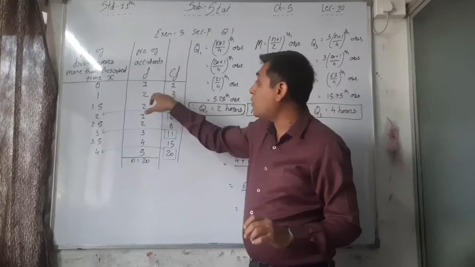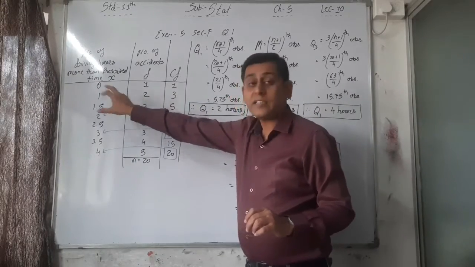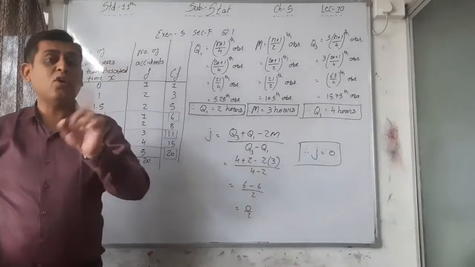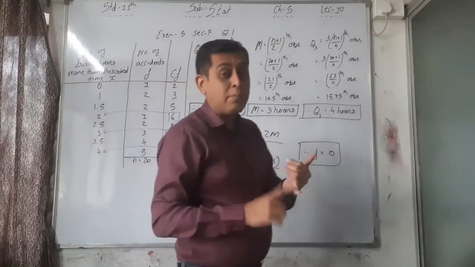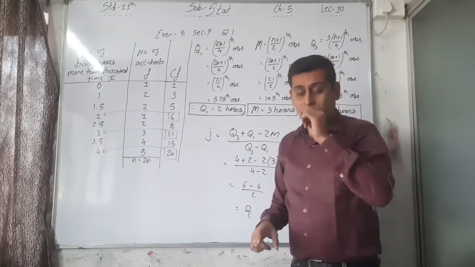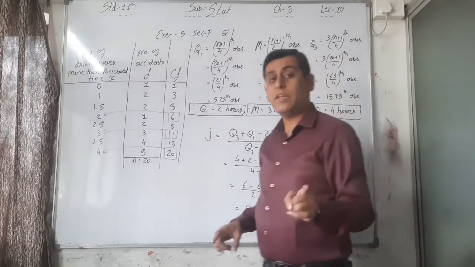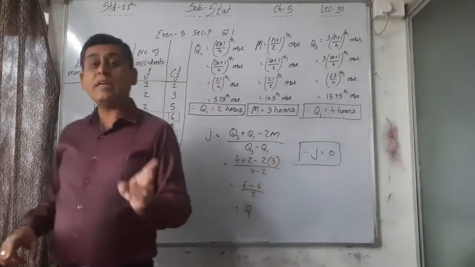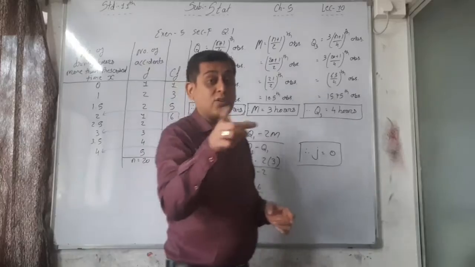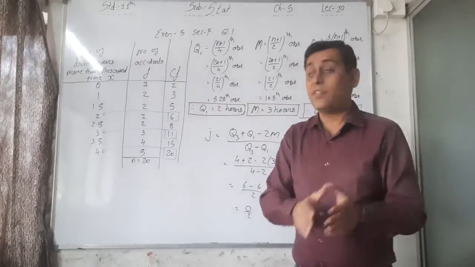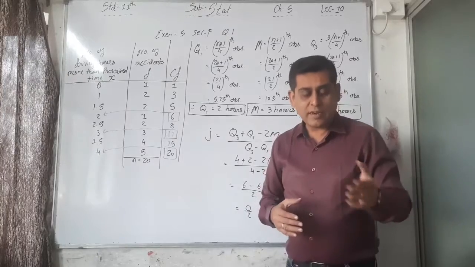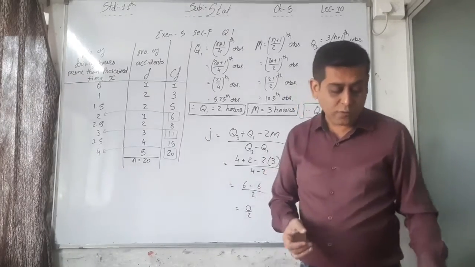Here the mid value as well as frequency is given, but the class is not, and on the basis of only the mid value we cannot find x bar, median or standard deviation. So if you want to find the median, mean and standard deviation, you have to first find the original class, that is the original question, and then you can find the remaining items; the main item is the coefficient of skewness.